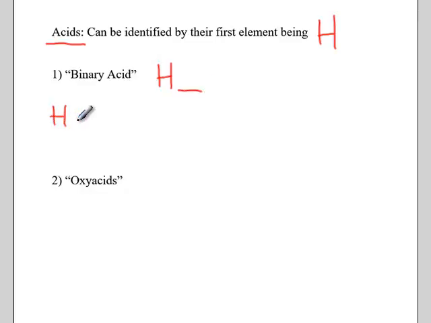As an example, this chemical HCl is an acid. The naming of binary acids always starts with the prefix hydro. So HCl is hydro, and then the name is based on the second element listed. Chlorine is going to change its ending to an ic.